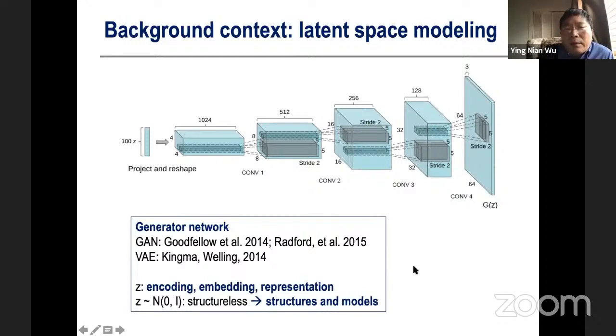Usually this model is learned by GAN or VAE, where Z is considered an embedding or encoding, in general a representation. Previously, the model assumed that Z follows a structureless zero-mean, identity-covariance isotropic Gaussian distribution. In our recent work, including the grid cells, we try to do latent space modeling. We try to find the structures and models in latent space.